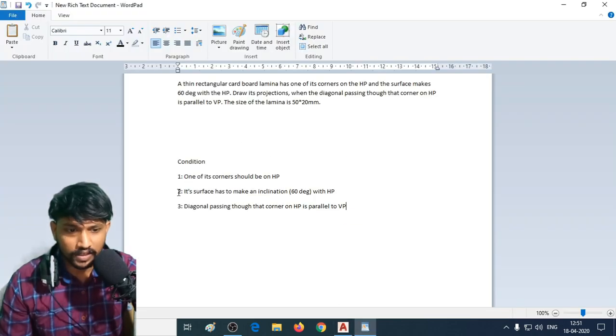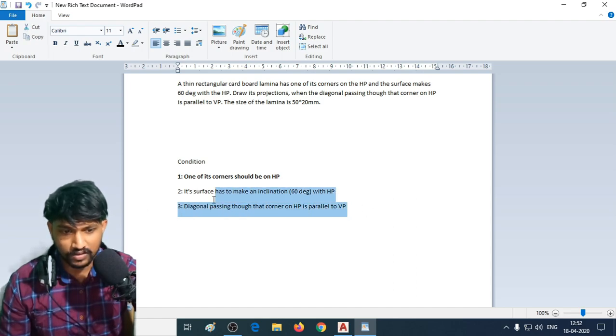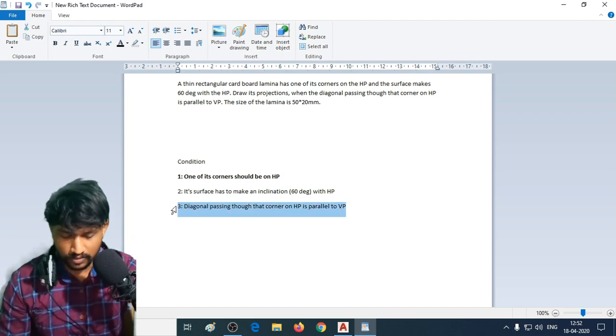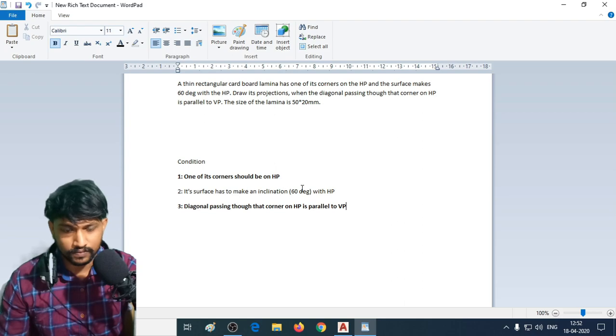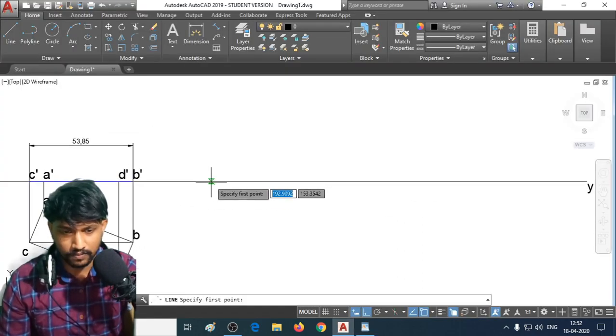Since the second condition has to be satisfied, this condition is satisfied. Okay, this condition is also satisfied, both of them can be satisfied at once. It has to make an inclination of 60 degrees with the horizontal plane.